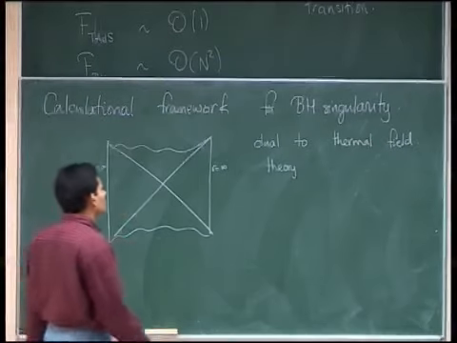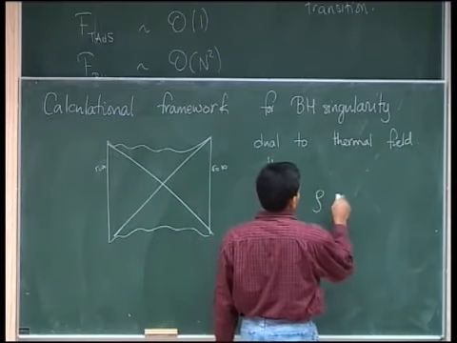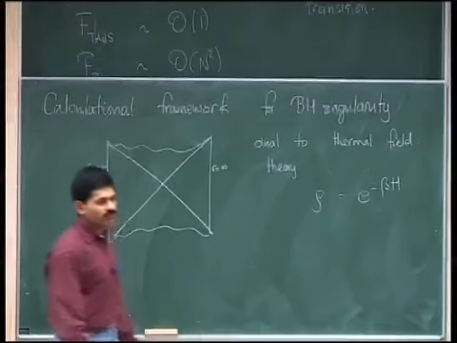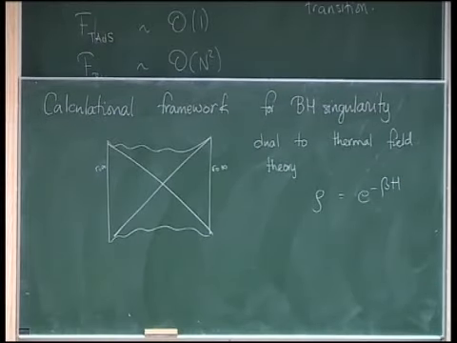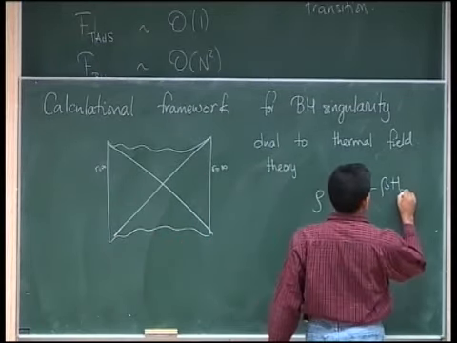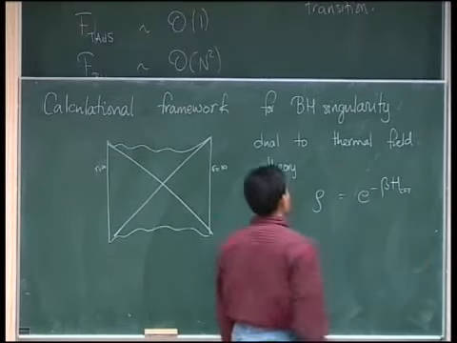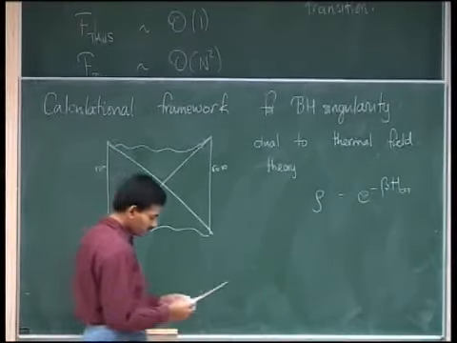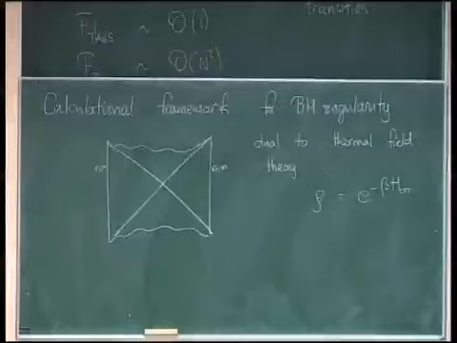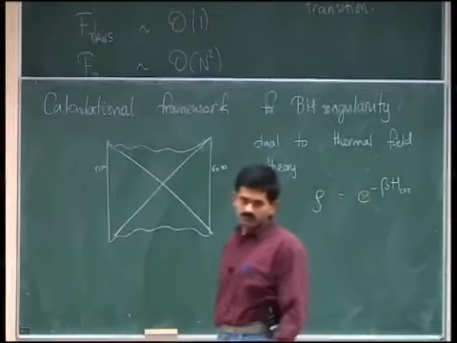In the canonical ensemble, what I have is a density matrix which is e to the minus beta h, where beta is the inverse temperature and h is my CFT Hamiltonian. Okay? And the thermality comes because I have a density matrix.